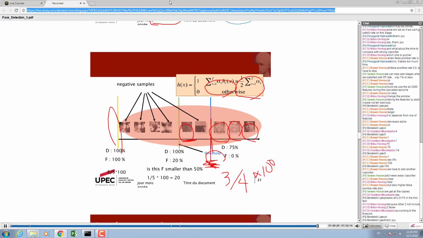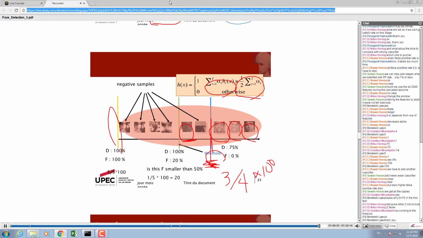So if we decrease the threshold to green, then 4 out of 4 becomes 100%. Okay, I think that's all for today. From tomorrow we'll finish this step with some practical issues. The whole algorithm works this way. Cascaded classification is much simpler than the AdaBoost algorithm.